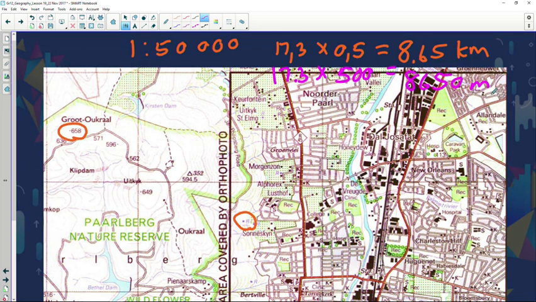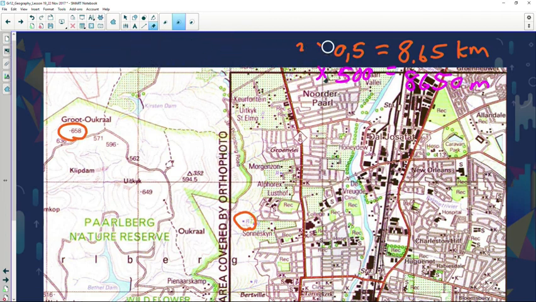So the formula that we use on a 1 to 50,000 topographical map, for kilometers is 0.5 and for meters is 500.